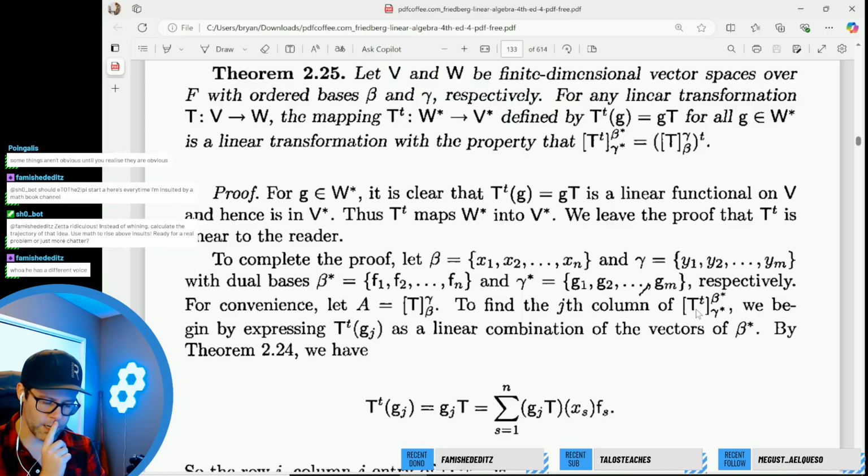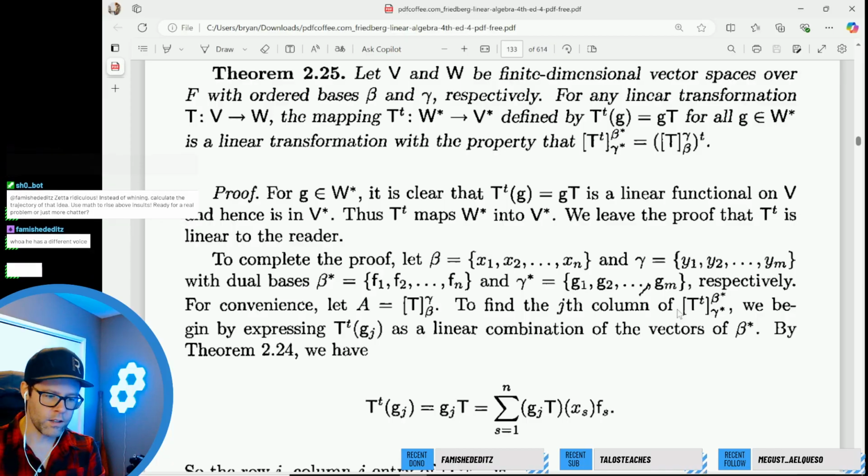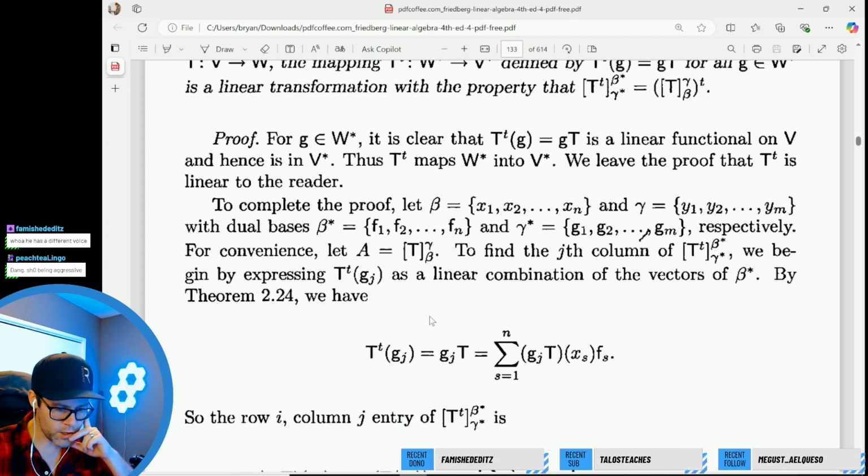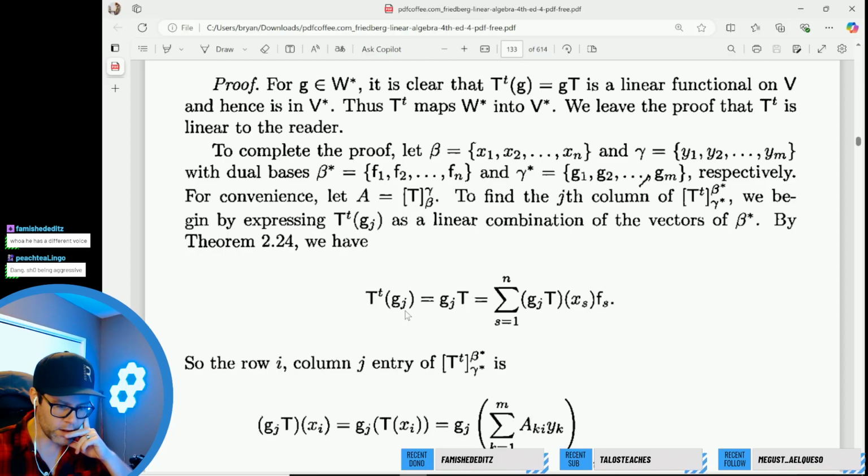Right. So we need to send these g column vectors through T transpose, express them as combinations of the basis vectors in V star, right? This is how we start to form that matrix associated with the transformation. Yeah, okay. So by theorem 2.2.4, we have, so this is what we were doing earlier.